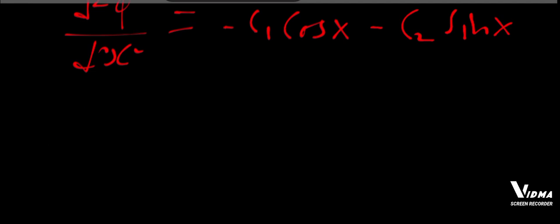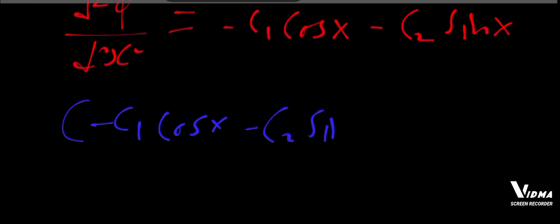The first one is negative c1 cos x minus c2 sine x, and it's added to our y.